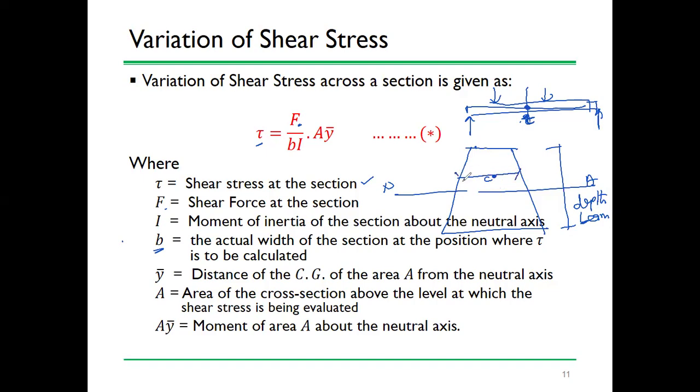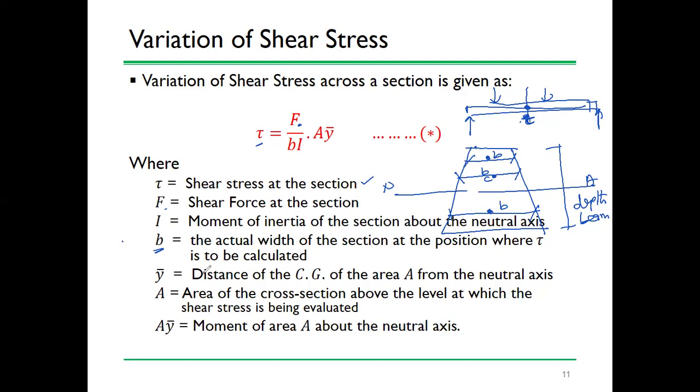So this now becomes my B. If I'm determining the shear stress here, then from here to here becomes my B. So the B is the actual width of the section at the position where shear stress is to be calculated.